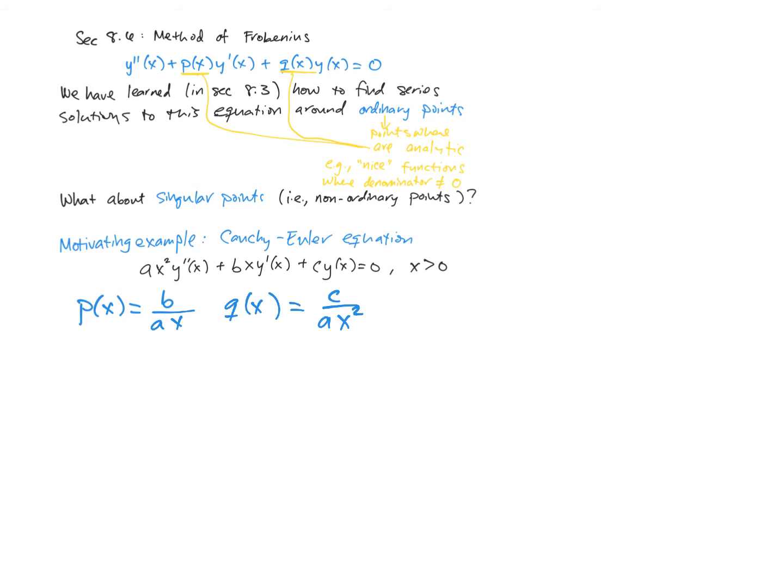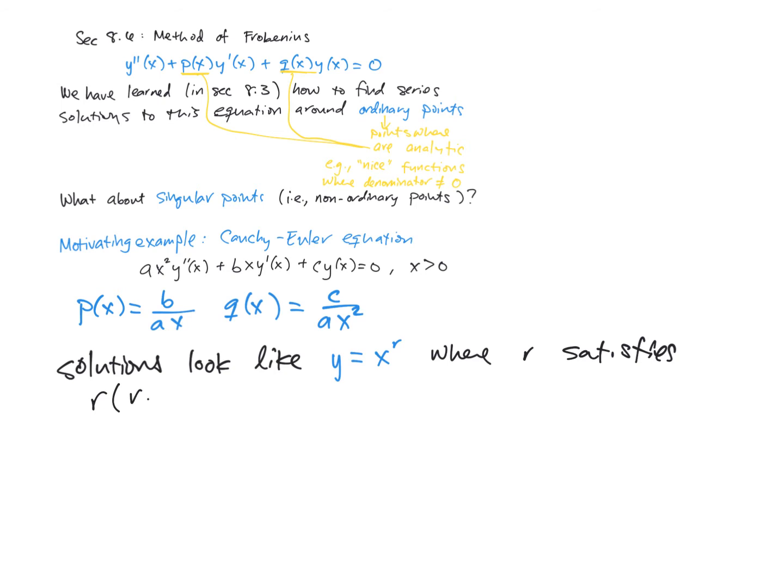But what we saw in chapter 4 is that the solutions look like y equals x to the r, where r satisfies a special version of the characteristic equation that we called the indicial equation. So r satisfies r times r minus 1 plus b over a r plus c over a, something like that.